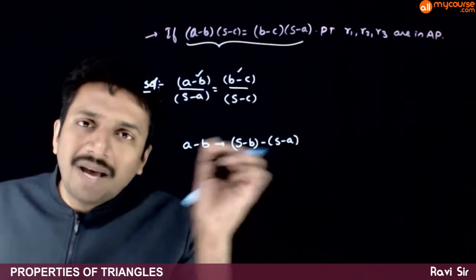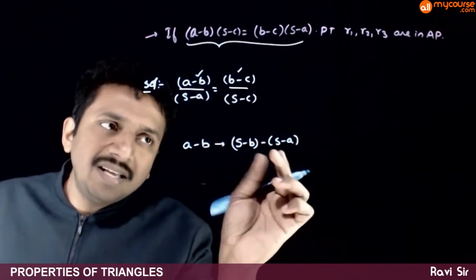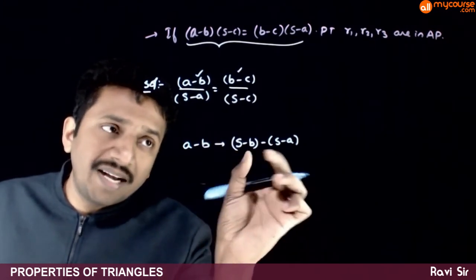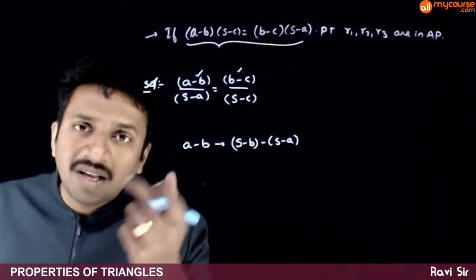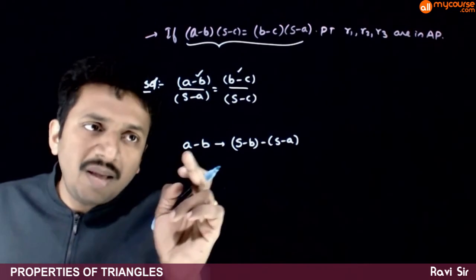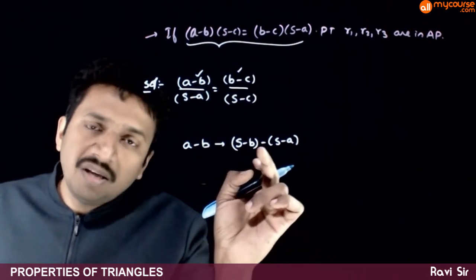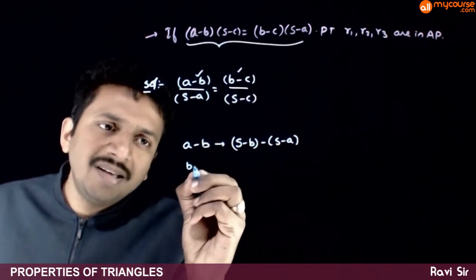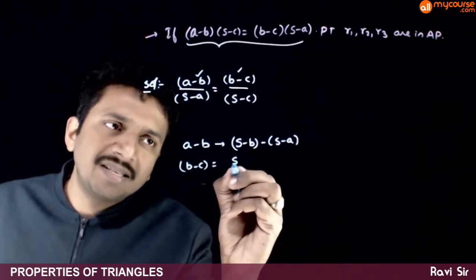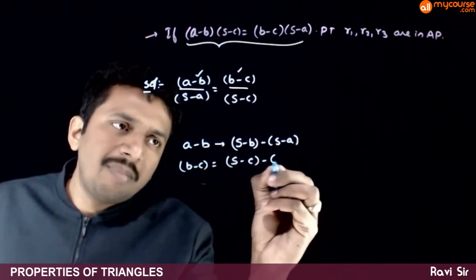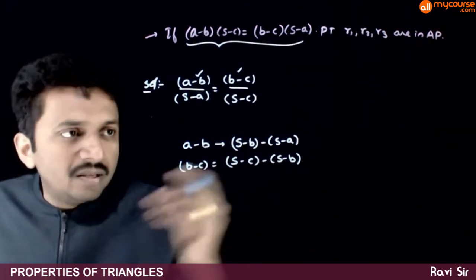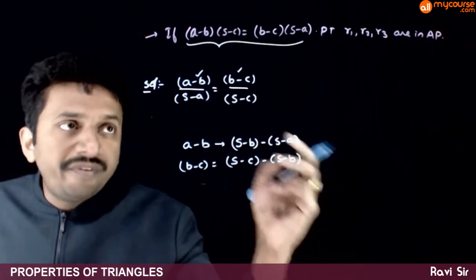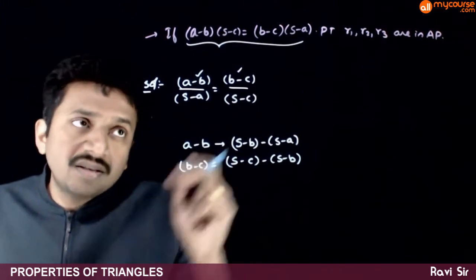What is S minus B minus of S minus A? S is getting cancelled, S and minuses get cancelled. So minus B plus A is nothing but A minus B. So A minus B can be written as S minus B minus of S minus A. Similarly, B minus C can be written as S minus C minus of S minus B. So these are the two simplifications that I am going to use in this question.